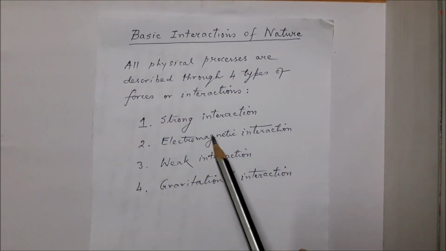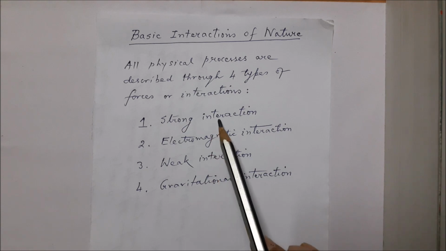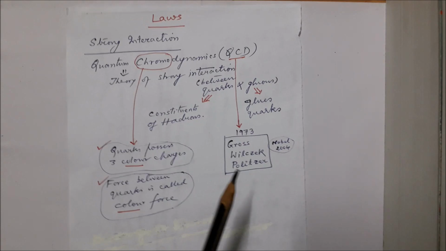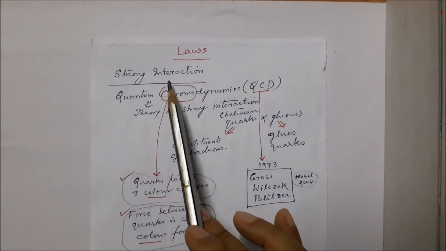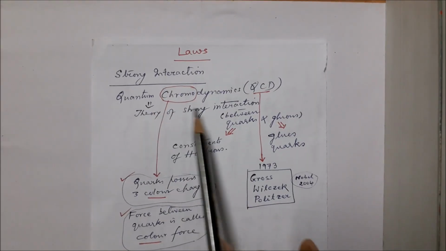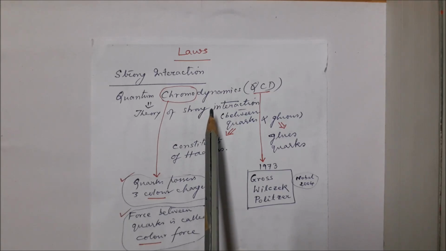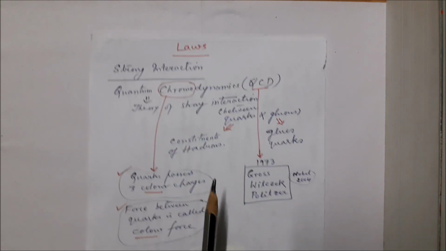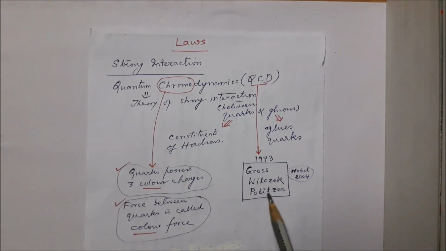We next come to the current laws of physics regarding these interactions. The strong interaction is described by quantum chromodynamics, abbreviated as QCD, as enunciated by Gross, Wilczek, Politzer in 1973, that fetched them the Nobel in 2004.